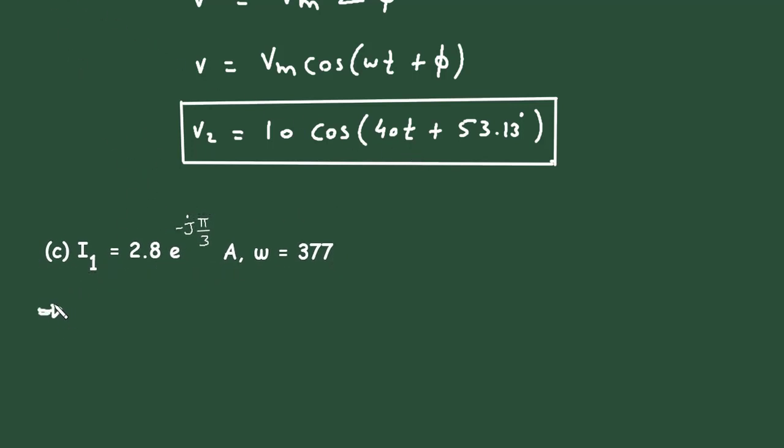Now this can be written as I1 equals 2.8 in brackets cos, and this e to the power minus j pi by 3 can be written as cos pi by 3, then here it is minus, so minus j sin pi by 3.